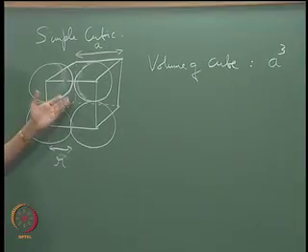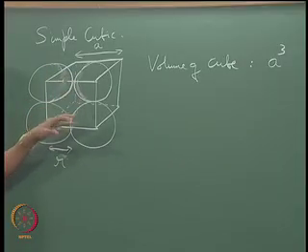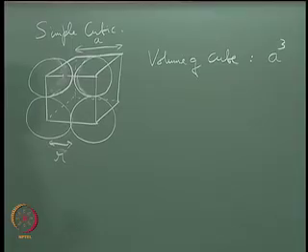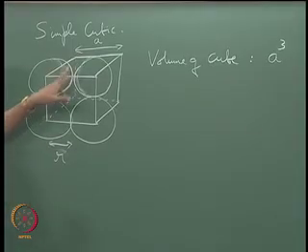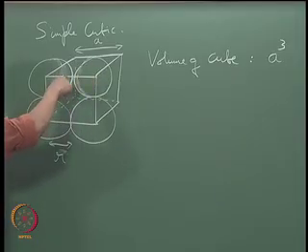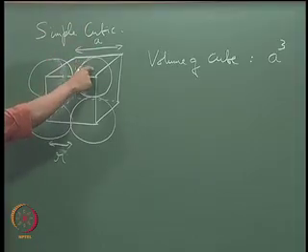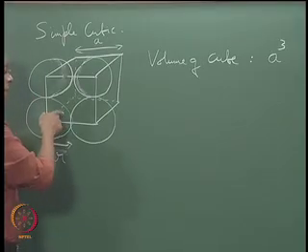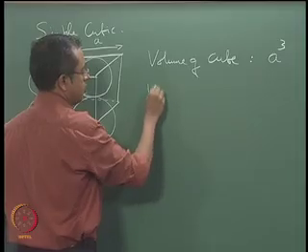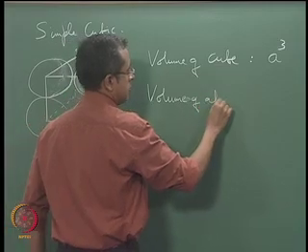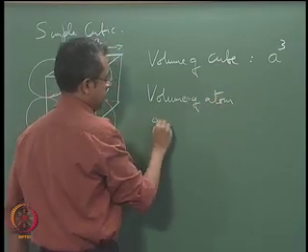But given that each of them is shared by all of the neighbors, if you run through how many neighbors each of them is shared with, you will find that on average per cube there is 1 atom, because you have 4 neighbors here and 4 neighbors on top. So 1/8 of this atom belongs to this cube, and similarly with 8 atoms, on average 1 atom. So the volume of an atom associated with this cube is simply the volume of atom associated with the cube.